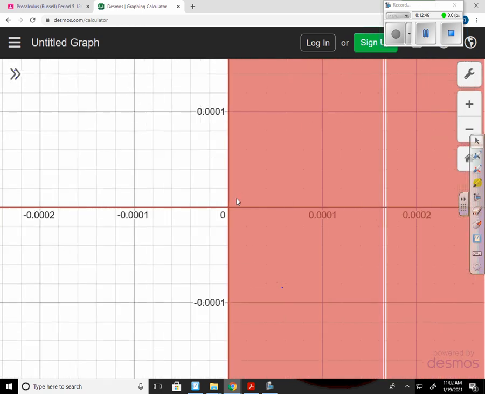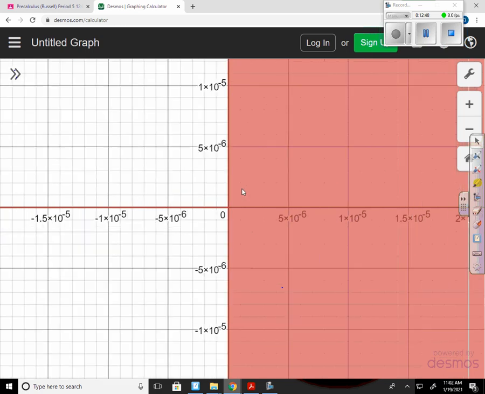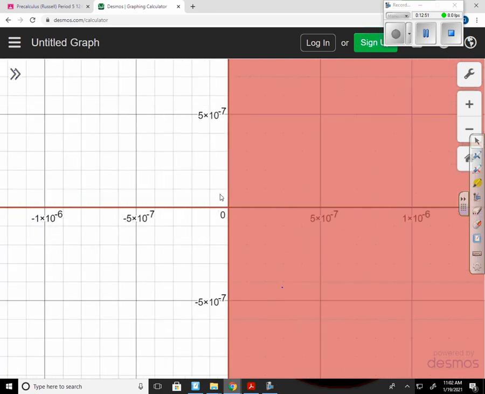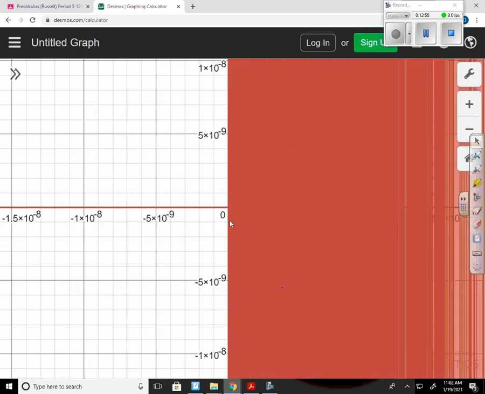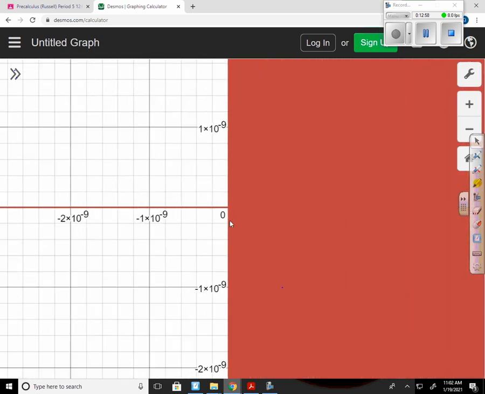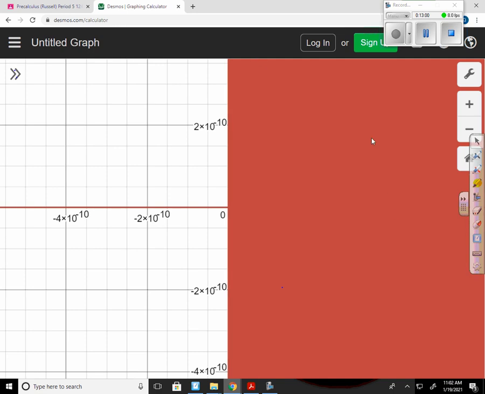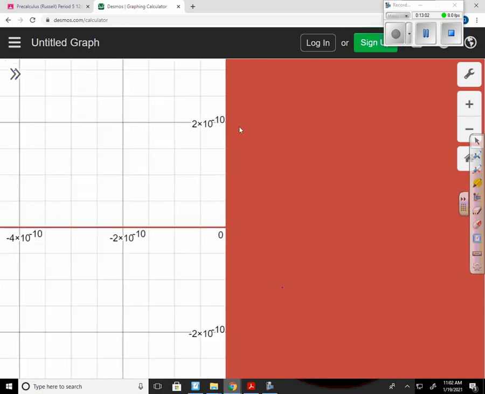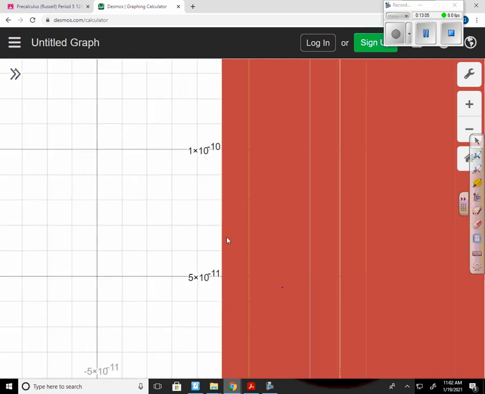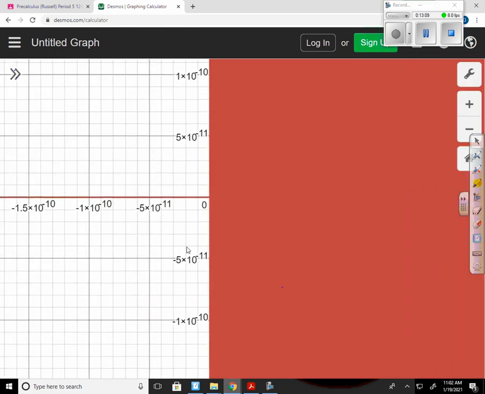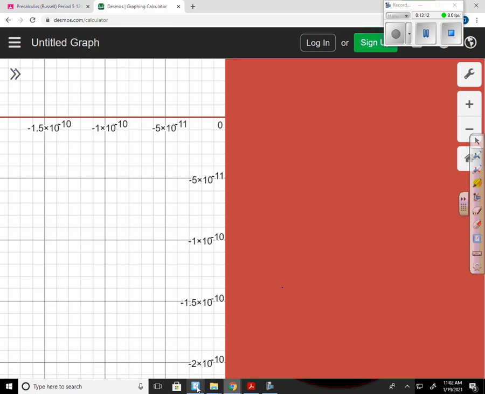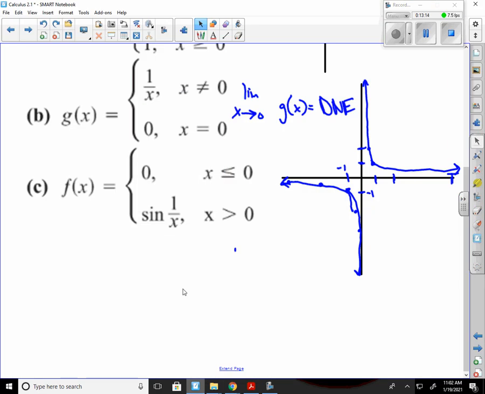For one like this, where it's oscillating back and forth so fast, there's no way to tell a difference, whether it would be -1, 1, or 0, or anything in between. No matter how much I zoom in, it doesn't give me a certain point that this red is converging to. It just keeps getting further and further out. So this one would be the limit of, as x approaches 0, of f of x DNE as well.